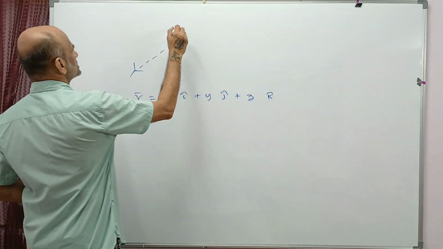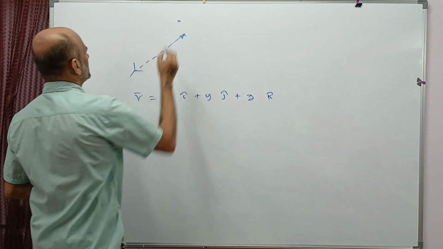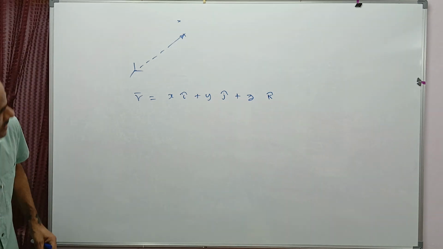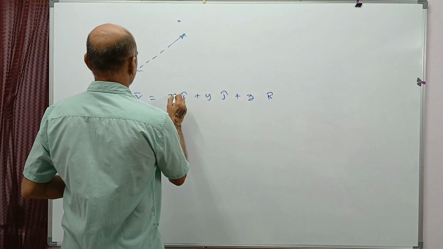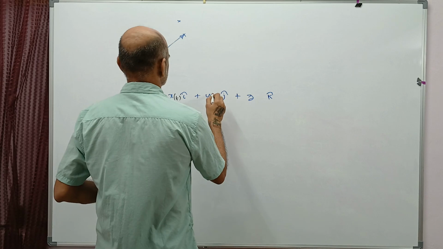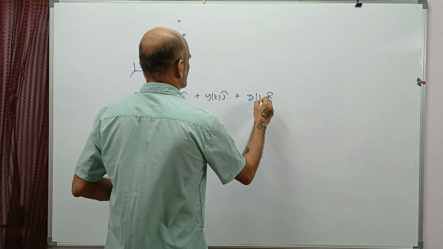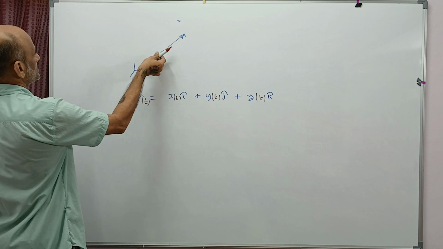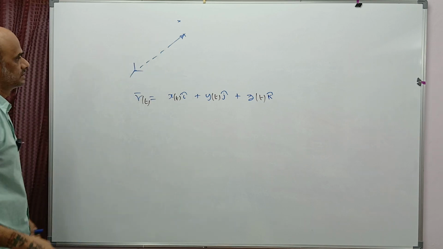As the particle is moving, say, to this point at a later time, all these x, y, and z can be functions of time in general. Position vector is also a function of time. Initially the position vector is this one, at a later time it is this one.